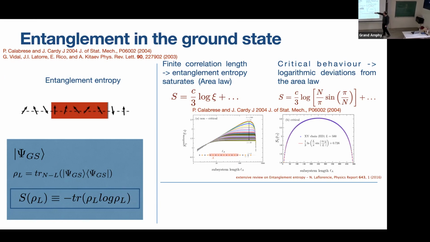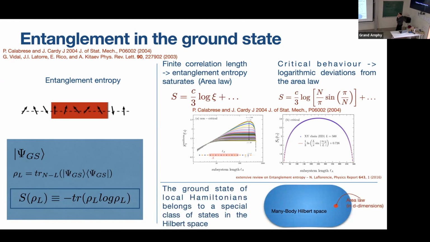It took a spin model with a staggered magnetization, and by changing the degree of staggering, we could look at states which went from gapped to gapless. You see that in the gapped phase, the entropy rapidly saturates to a value which is fixed by the correlation length, while in the critical region you have a log correction. I stopped here yesterday.